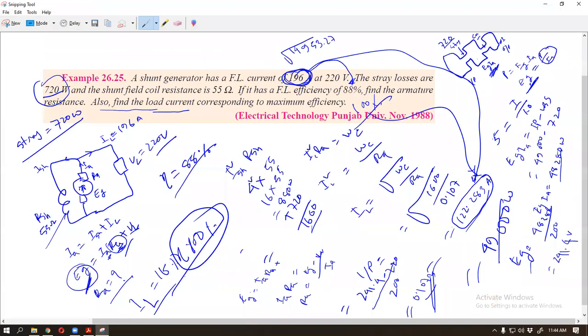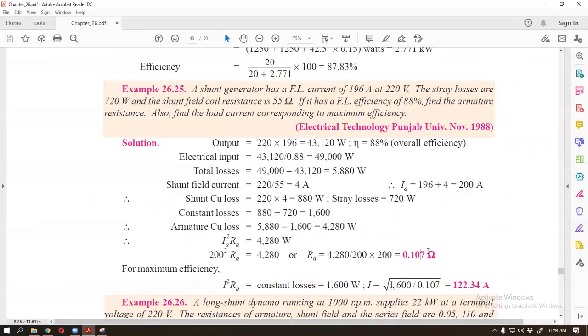If your full part is okay, this is the 28 and this is not. Because this part is correct, 0.107, and this part is 1,600. Just directly use this formula, then our result will be this.